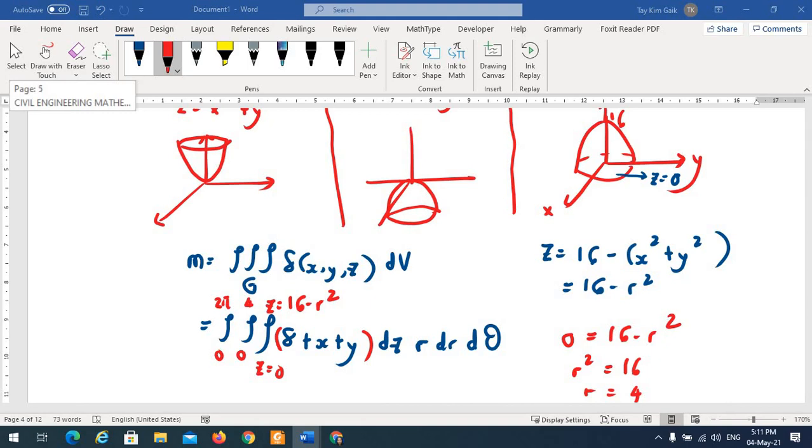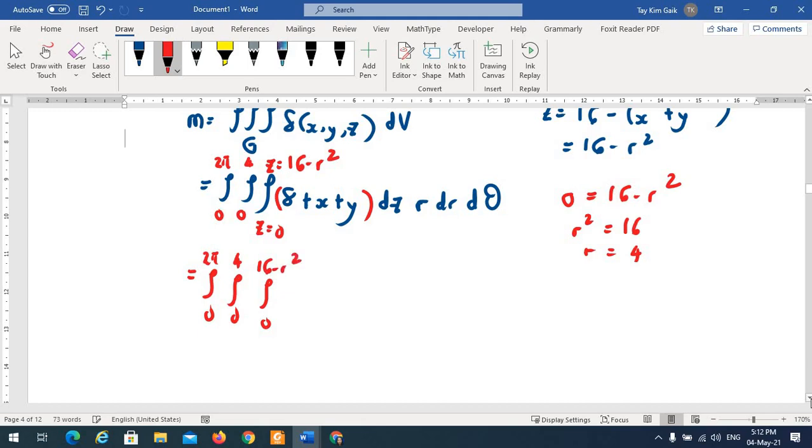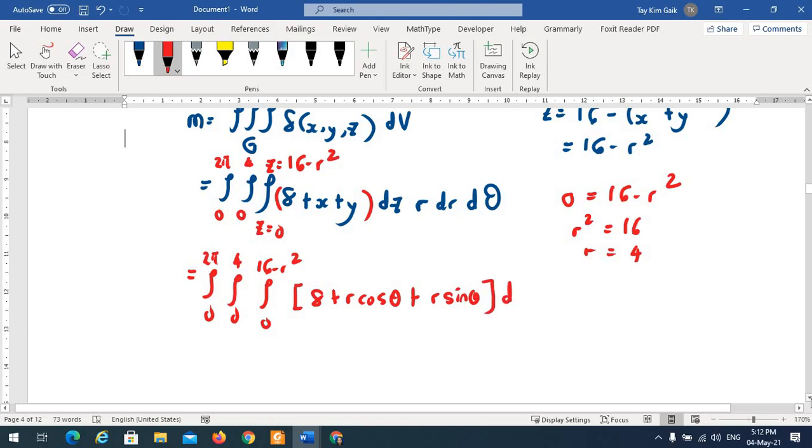Okay, and then you can just integrate. Before you integrate, x has to change to r cos theta, y has to change to r sin theta. Simplify. This is 0 to 4, 0 to 16 minus r squared. So x changes to r cos theta, y changes to r sin theta, dz, and then you have r dr d theta.